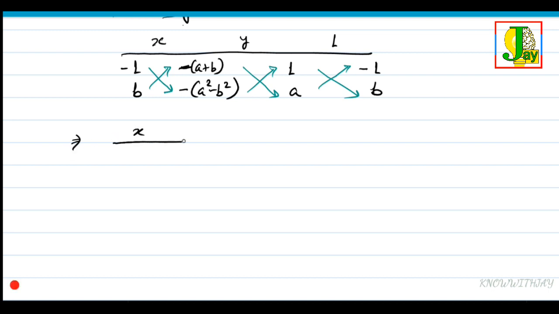Then cross multiplying, we have x upon minus 1 into this. Okay, so minus into minus plus, so you have a square minus b square, minus the upward direction, so b into this, so we have minus b into, then again we have minus here.